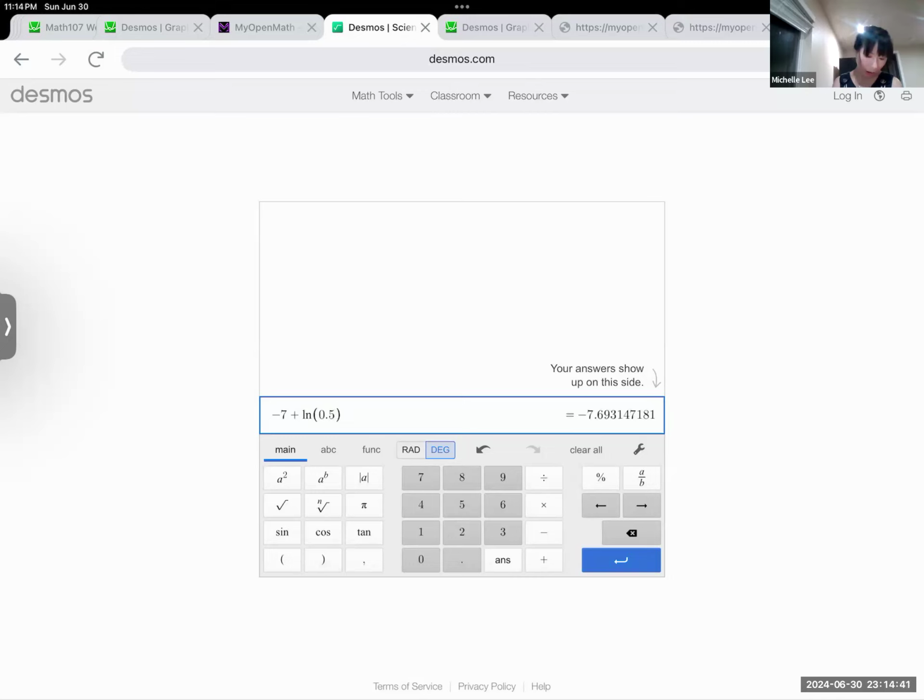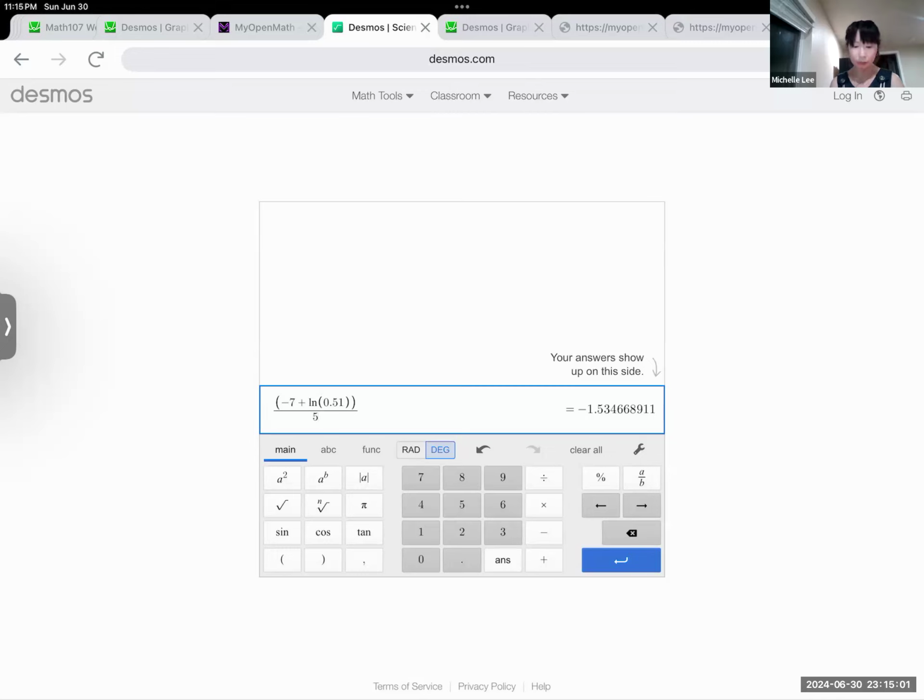Missing one. Oh, we did not divide by 5. So I want to divide by 5, the whole thing. Then negative 1.5347, right? Rounded. So this is how we use the natural log in decimals.